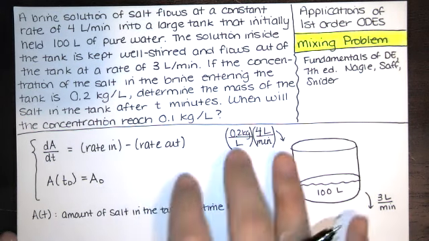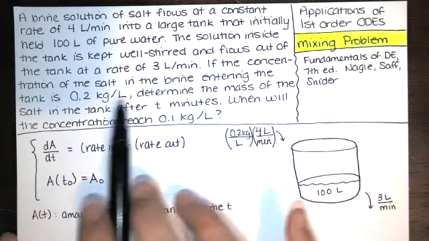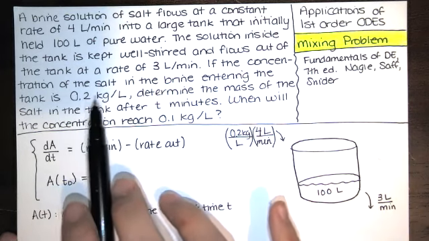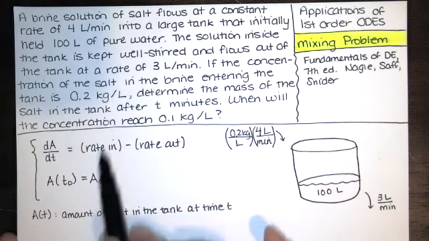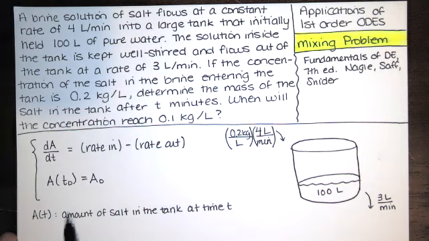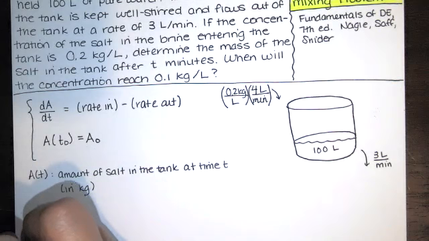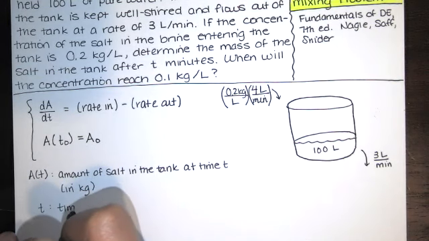Now, because of the units that are used, because we're told that the concentration of that brine solution entering the tank is 0.2 kilograms per liter, that kilograms there tells me that I should measure the salt in the tank in kilograms. So those are our units. Now, t we know to be time.